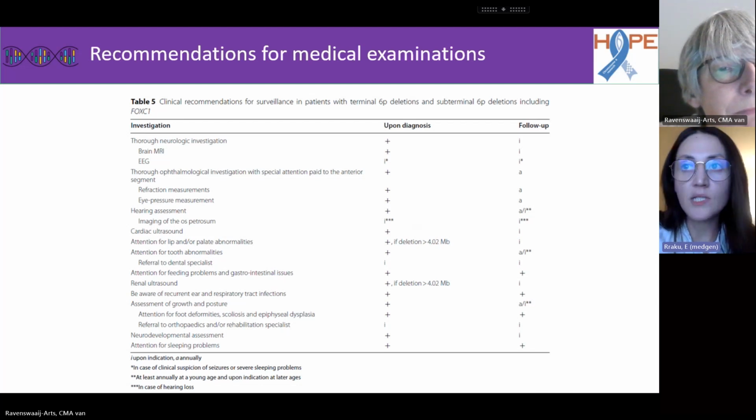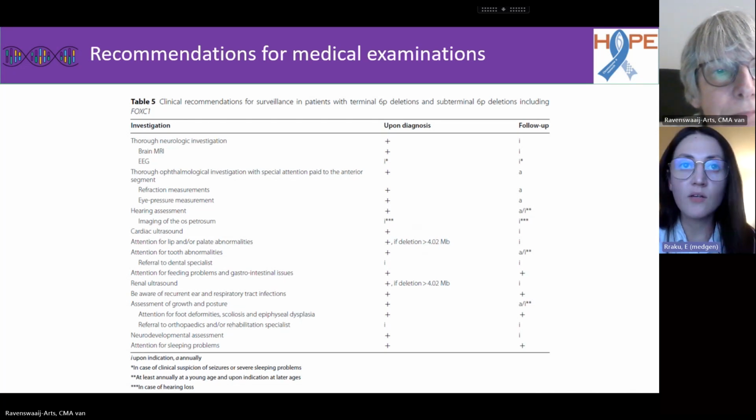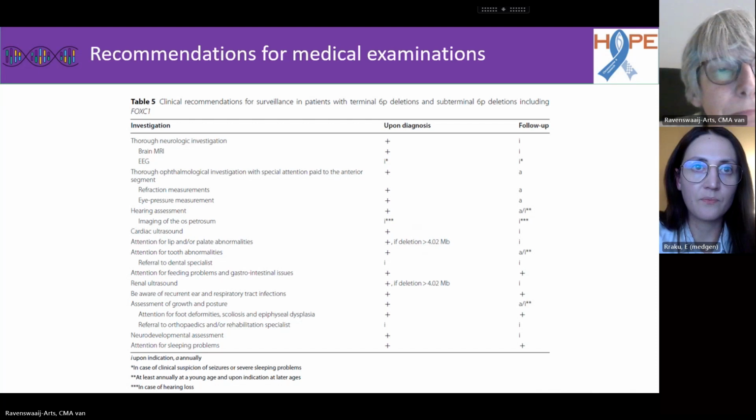The hearing should also be tested, and an ultrasound of the heart should be done at least once to check for heart defects. We also give some recommendation on what your doctor should pay special attention to during regular visits. For example, tooth abnormalities, growth, or posture. And of course, development should also be assessed.